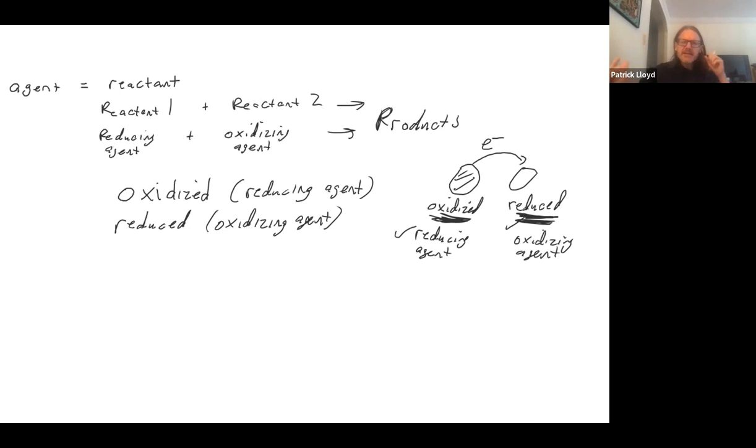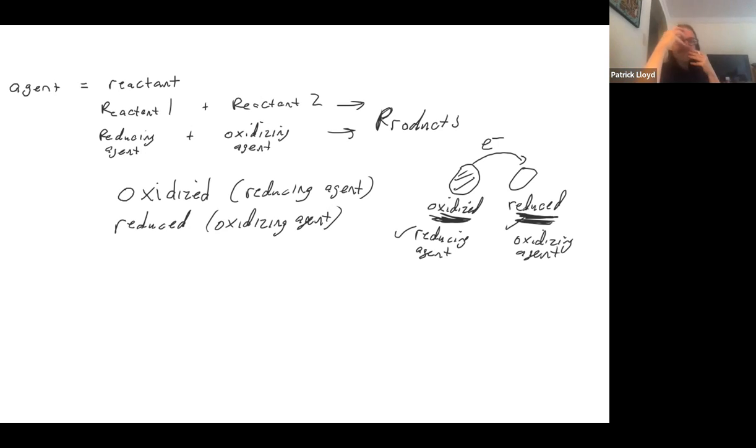So I need an oxidizing agent, something that can take the electrons from it. Or maybe I have this and I want to put electrons on it. So I need to figure out, can you go get me something that will put electrons on this species? So I need a reducing agent.